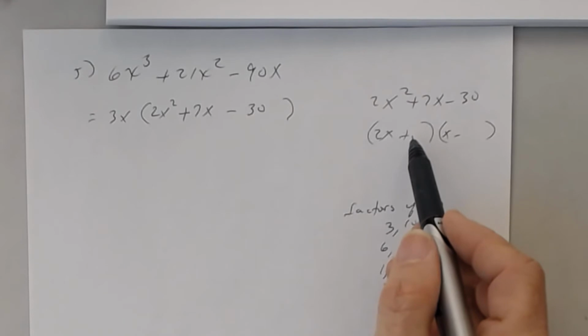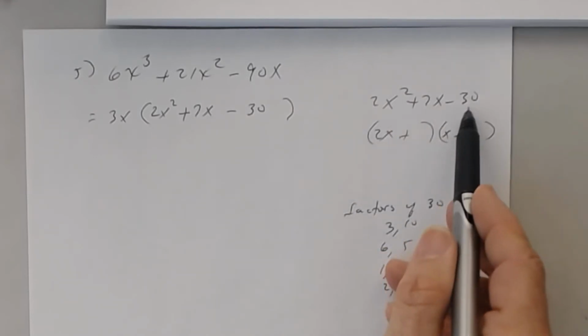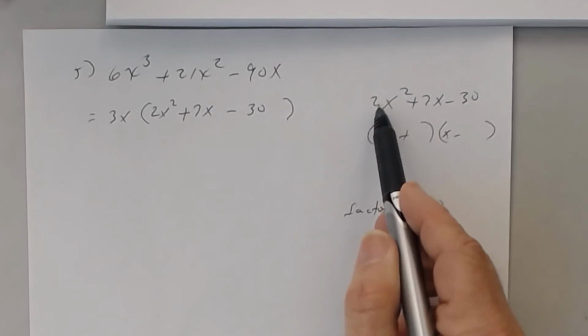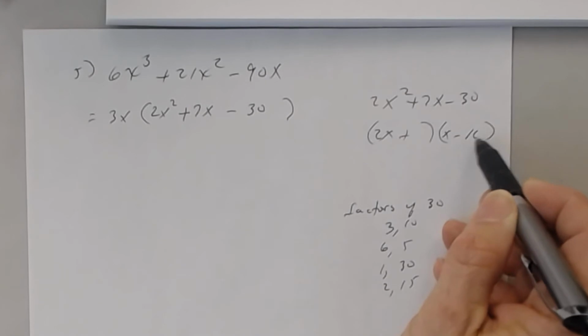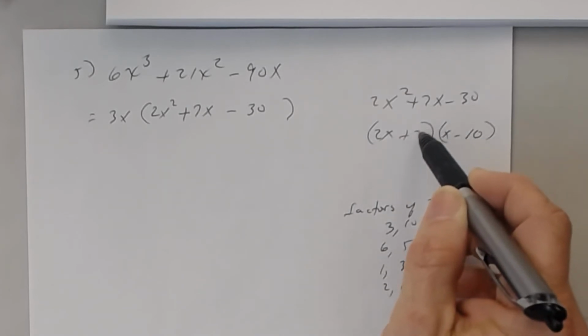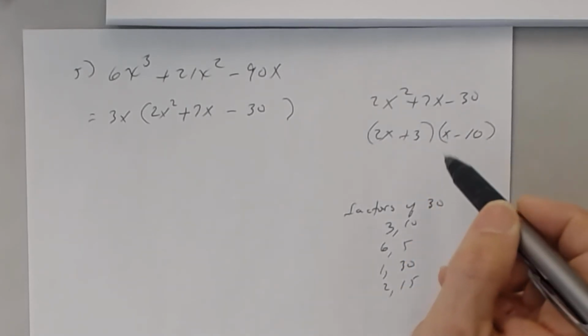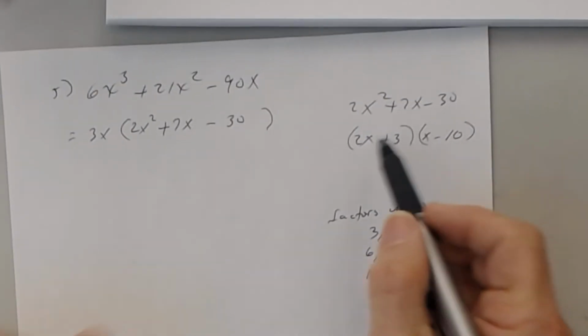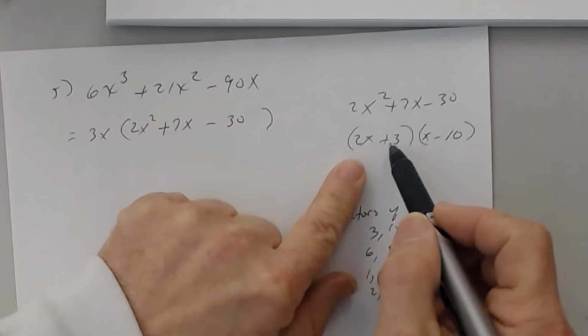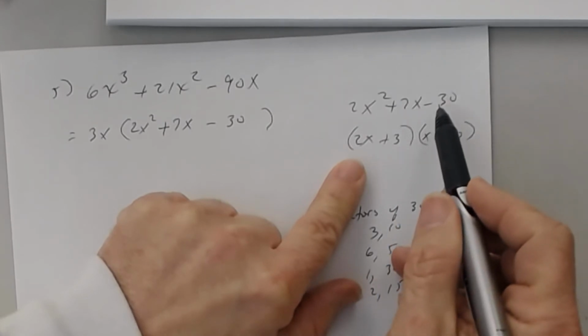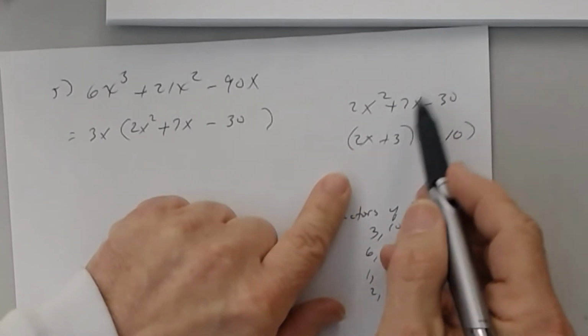No. Because if you put 10 here, that means the GCF of this right here is 2, which means the GCF of this is what? 2, and it's not. So you're going to put 10 where? Yep, and you can put the 3 here. All right, now so far my F and L are okay, because what's 2x times x? And what's a positive 3 times a negative 10? Negative 30. But what haven't I checked first?